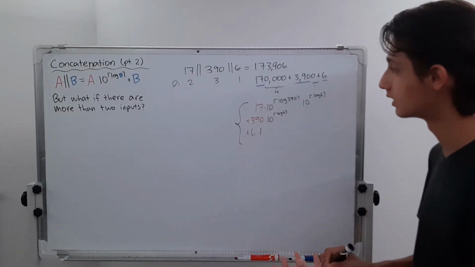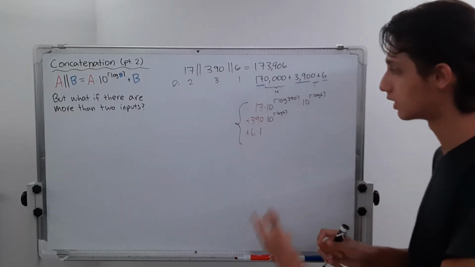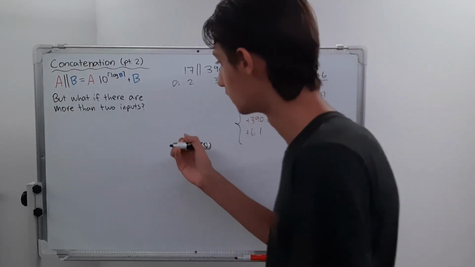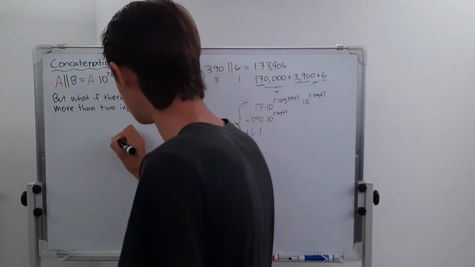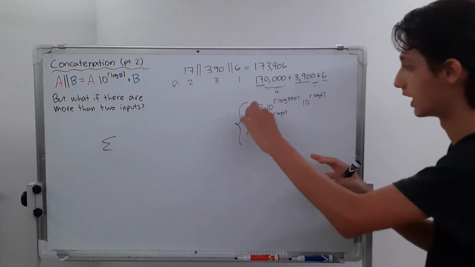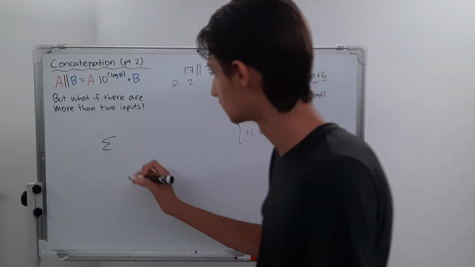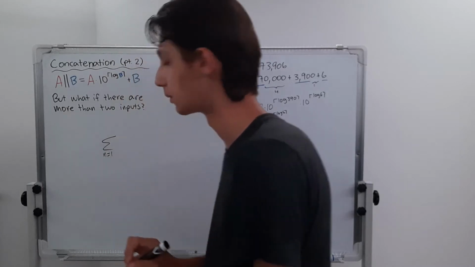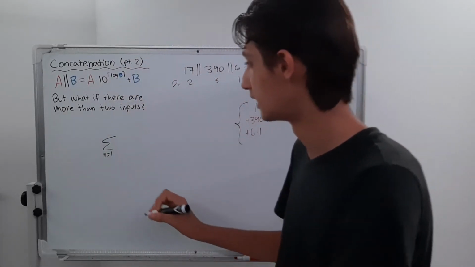So we can write this in terms of a sum and a product. We're going to start with the sum part, because obviously the outside portion is a sum. We're adding all these together. So we're going to start with n equals 1, and we're going to go to k.